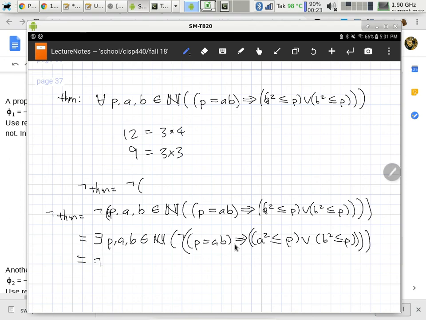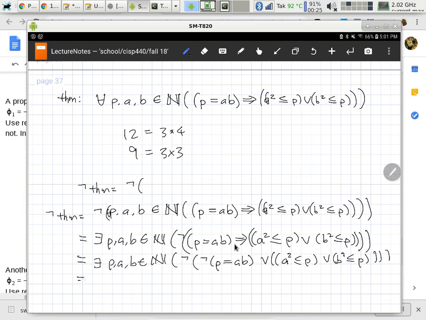So now we say there exists P, A, B in the natural number set such that it is not true that the negation of P equals AB, or, you turn the implication into or, and then we have A squared is less than or equal to P, or B squared is less than or equal to P.